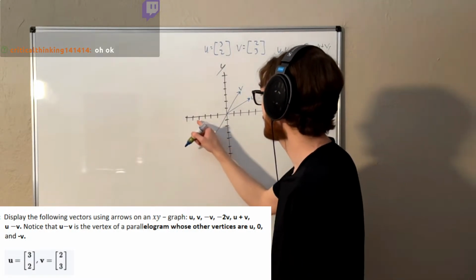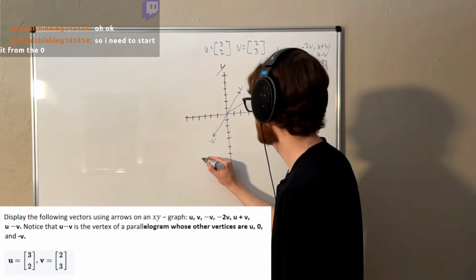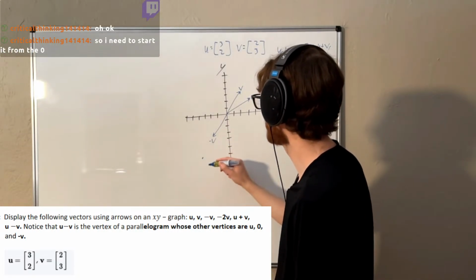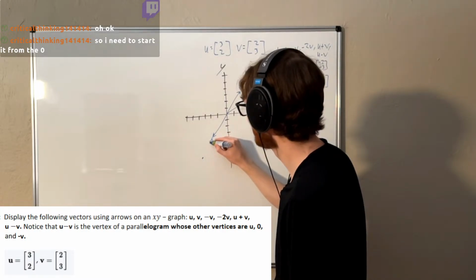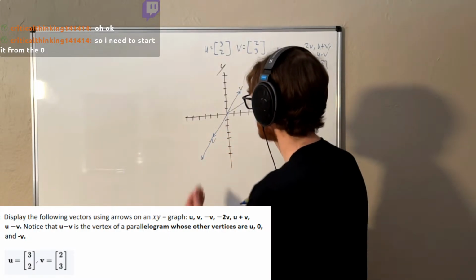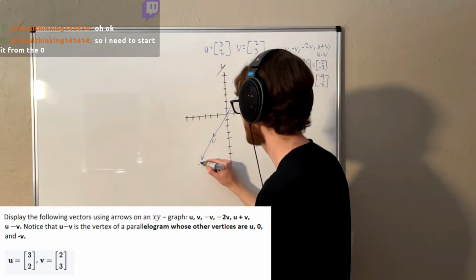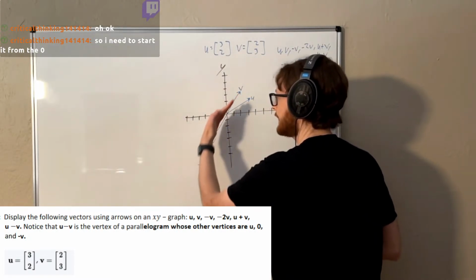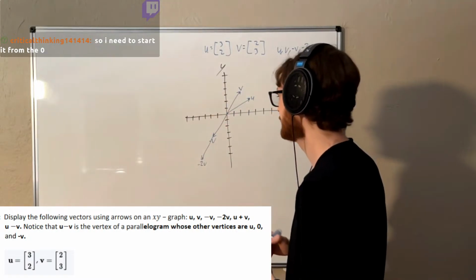So we go to the left 4, down 6 to go right there. If I drew my tick marks a bit more evenly spaced, it would be more clearly all in a straight line, but all three of these V vectors should be on the same straight line.